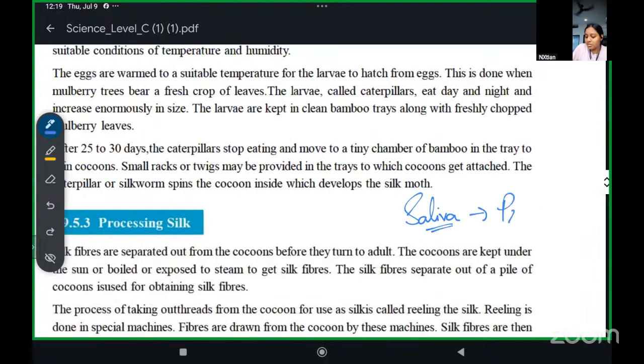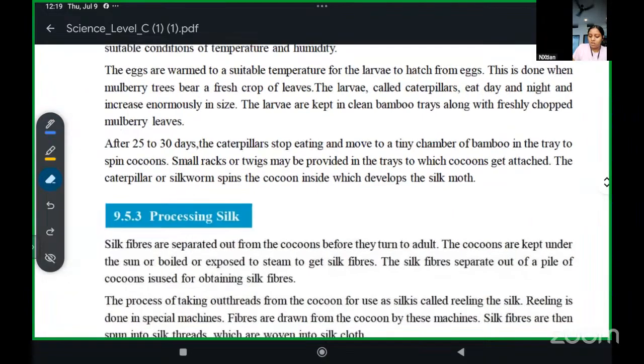The small threads of protein come out as they keep spinning their heads in a motion of eight, like this. While they spin, they secrete this thread-like thing from their mouth, and it gets wrapped around them as they move their head, and then it becomes a cocoon.